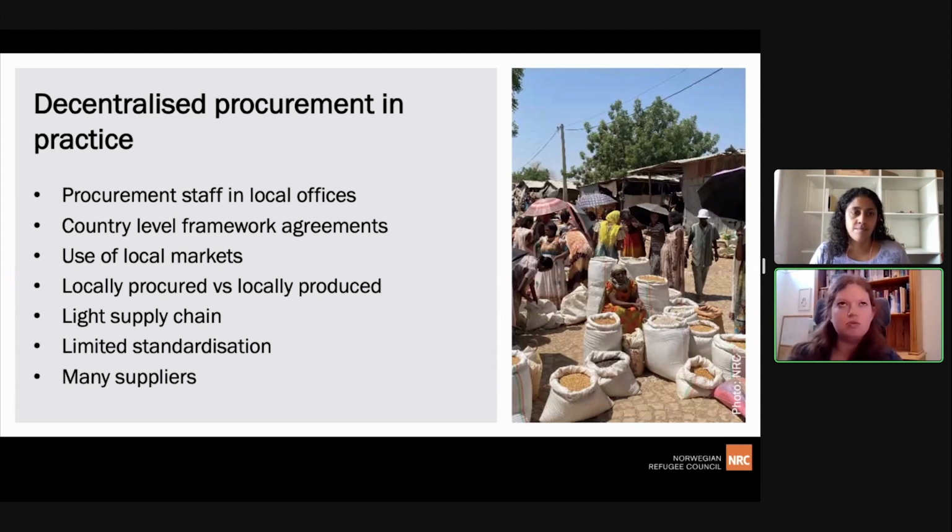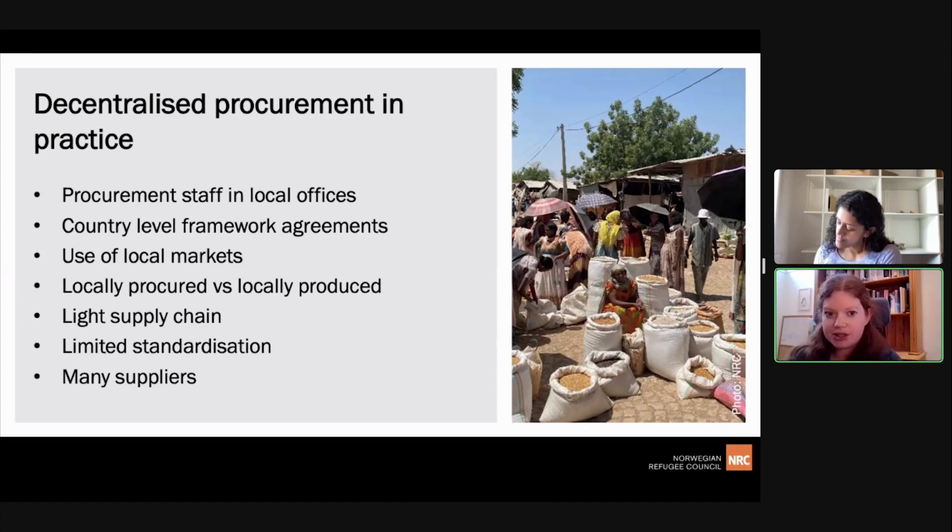We have a handful of global framework agreements, a very, very small number where relevant, but the majority of our procurement is done at a country level. So you will find most of our procurement staff are in our offices in the countries in which they operate, and even down to area offices, very local to our programs as well.